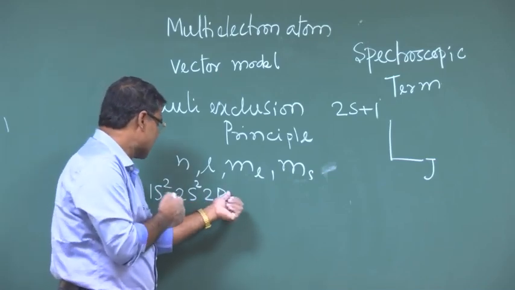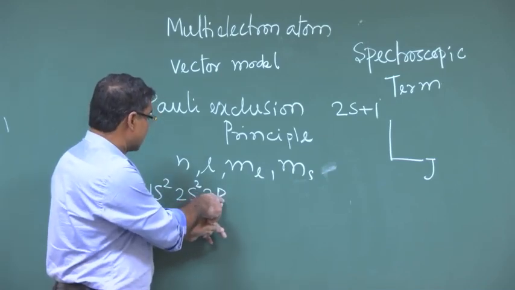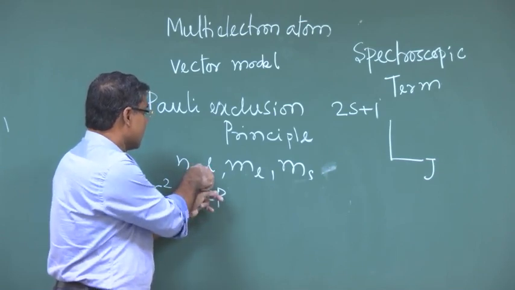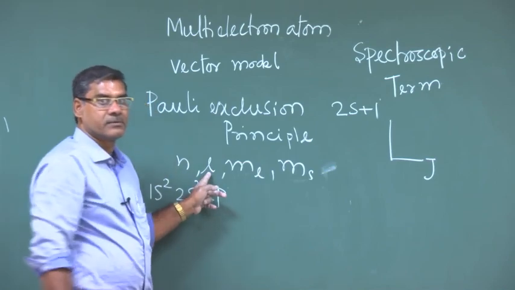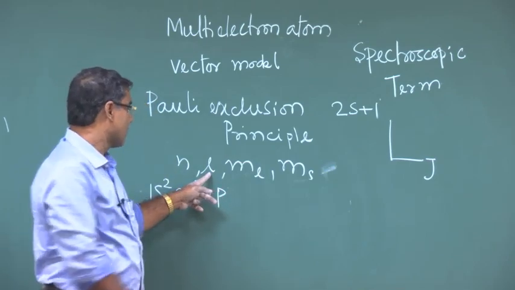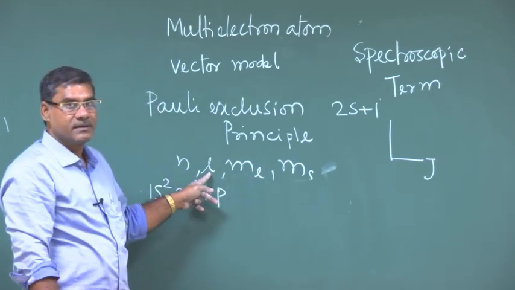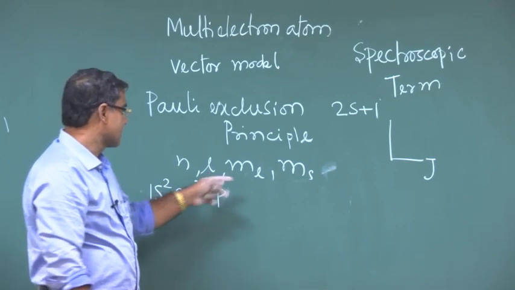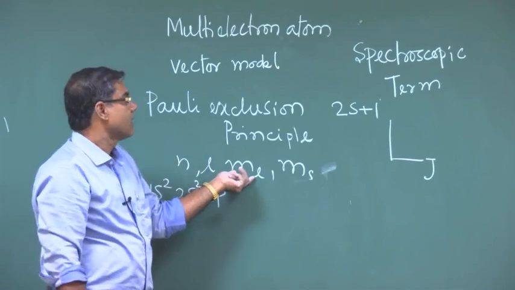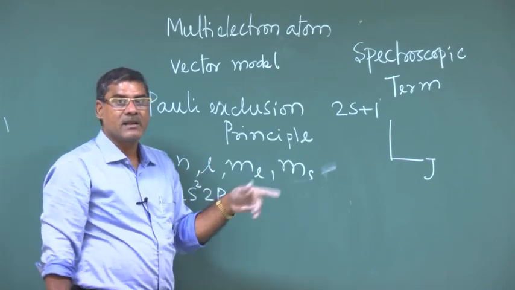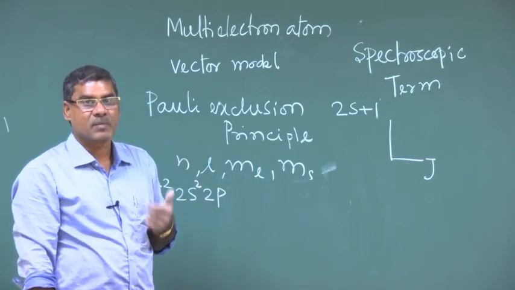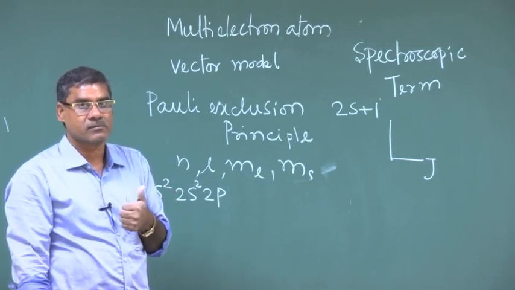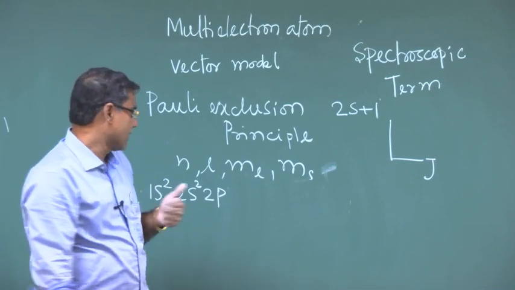So, let us see, in this case l equal to 1 means ml equal to 2l plus 1, how much ml value? 3, 2l plus 1, l equal to 1, so 2l plus 1 is 3. So, the ml values will be plus l to minus l, that means plus 1, 0, minus 1. So, it will have 3 values. Okay.